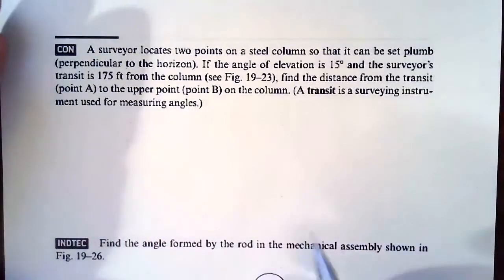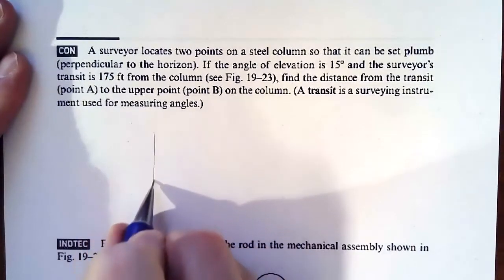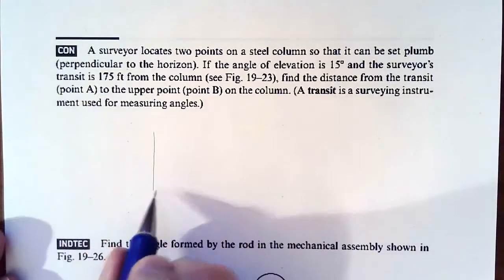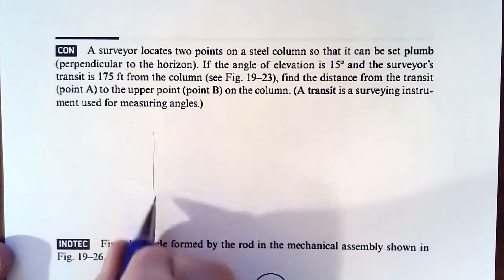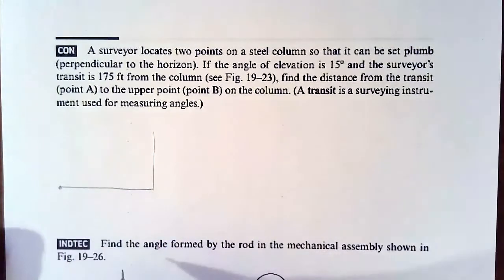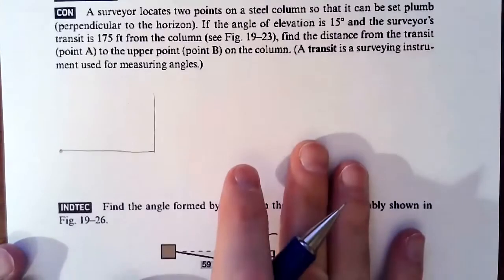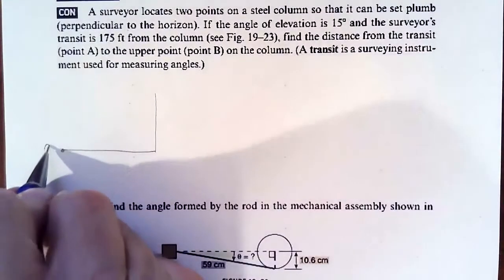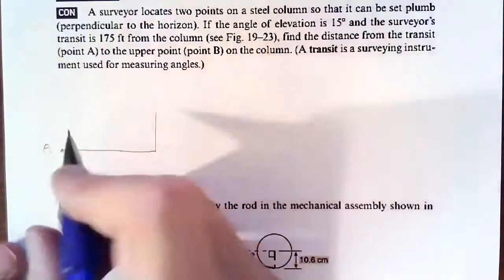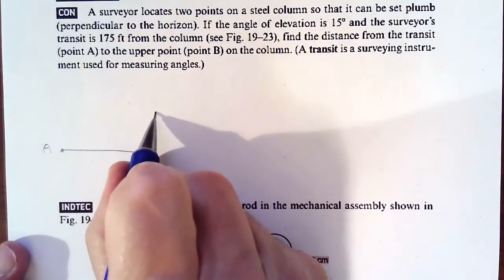Okay, so let's make sense of this. You have a column that is meant to be plumb, so it's meant to be perpendicular to the ground, or vertical basically. And the tripod, whatever machine the surveyor is using, is over here, and that is point A. And we have this, not drawn accurately at all, angle of elevation to the top of the column.